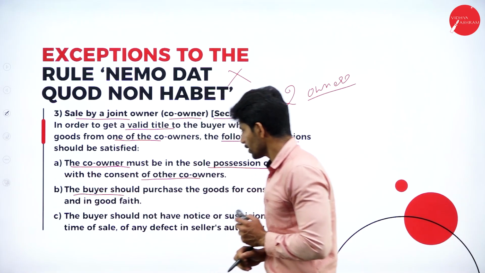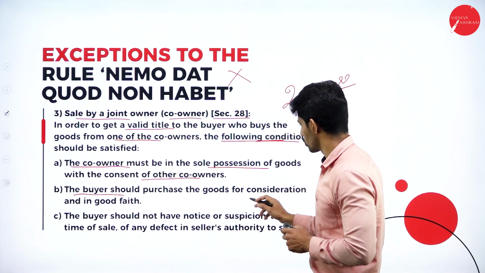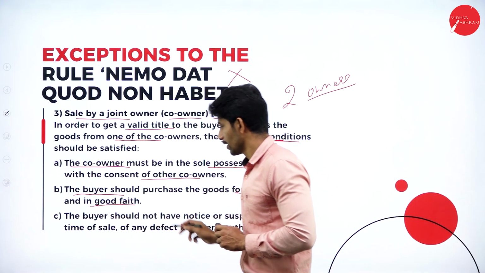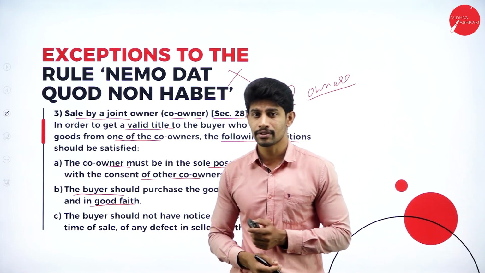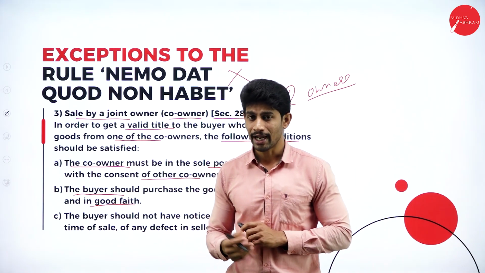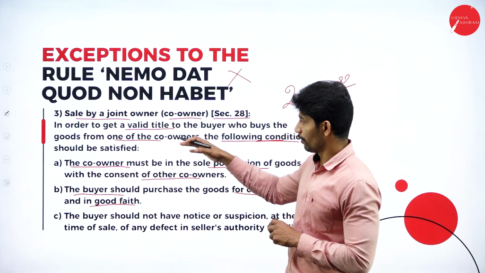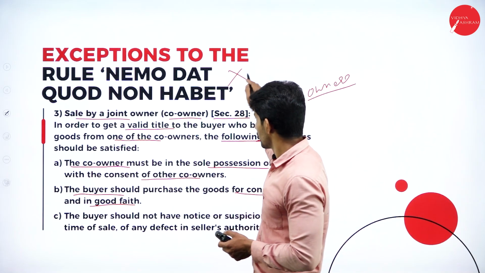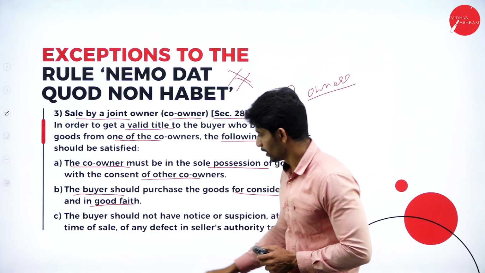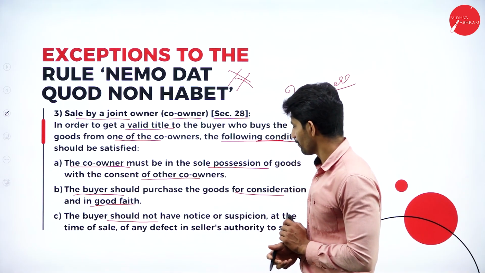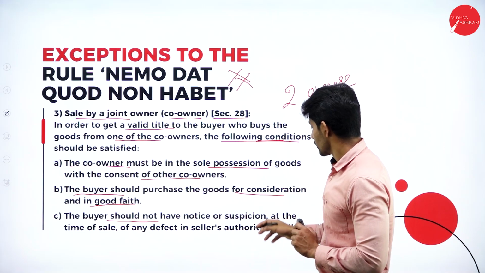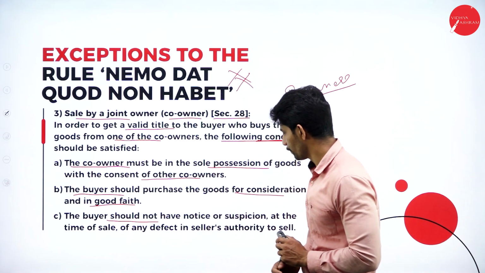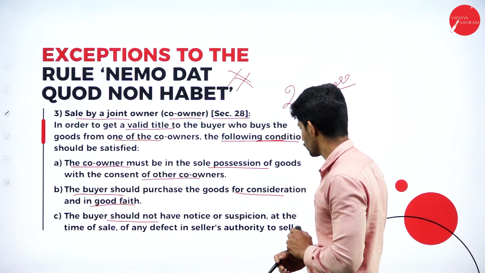Next, the buyer should purchase the goods for consideration and in good faith. Yes, if the buyer is purchasing the goods for some consideration and with good faith from the co-owner of the joint owners' property, then again this rule is not applicable. The buyer should not have notice or suspicion at the time of sale of any defect in the seller's authority to sell.